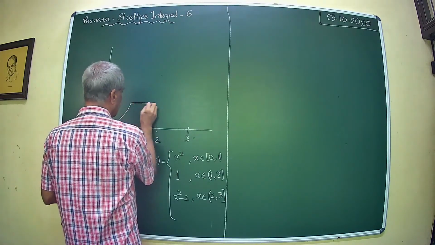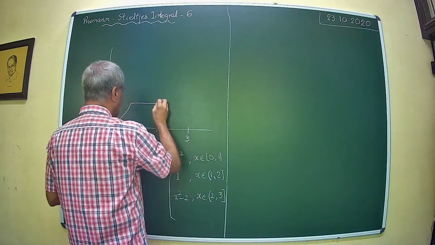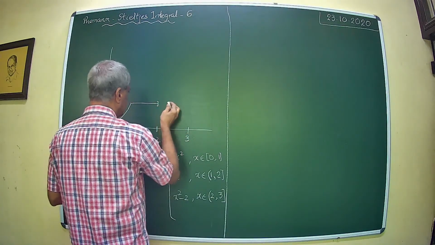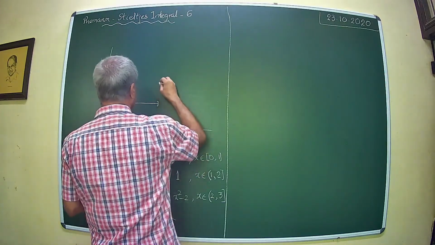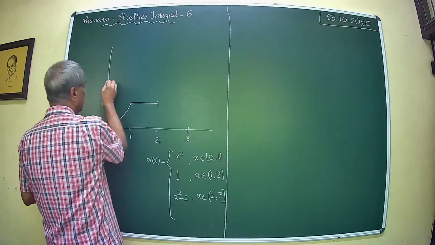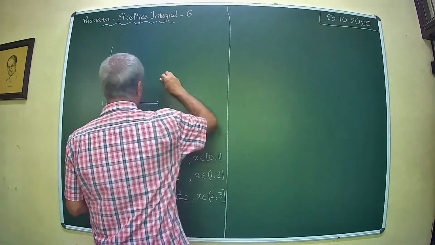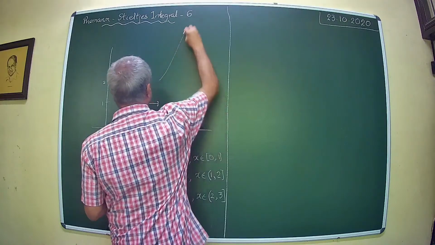Then it goes like this, and at 2, so this is 1, then 2, and then it just goes like this.